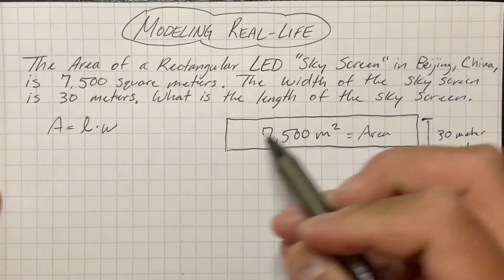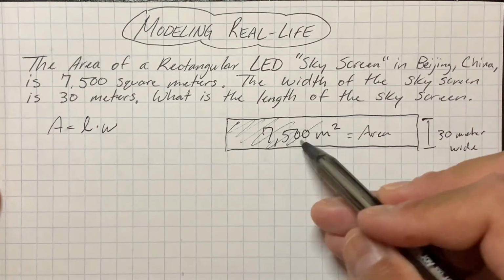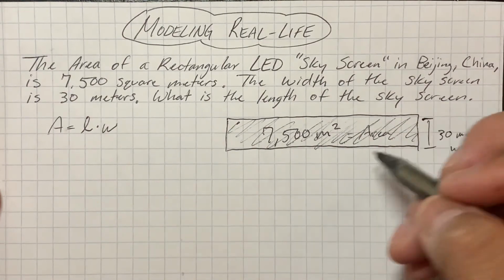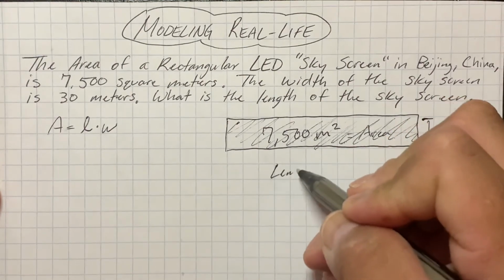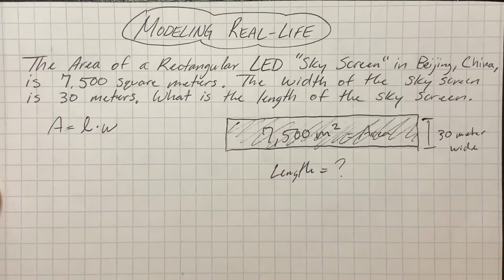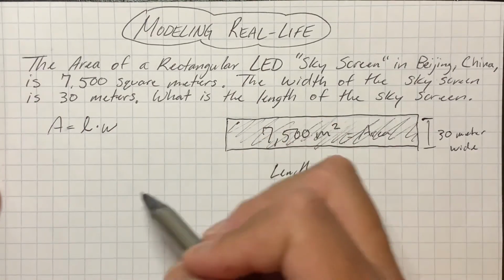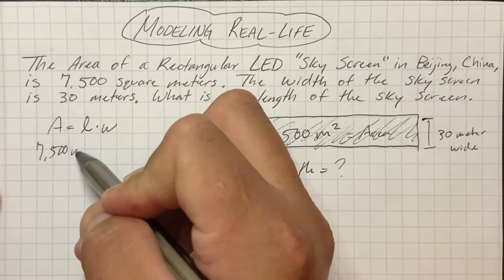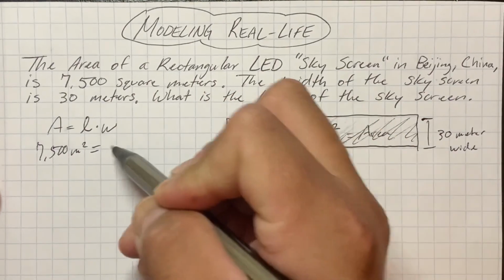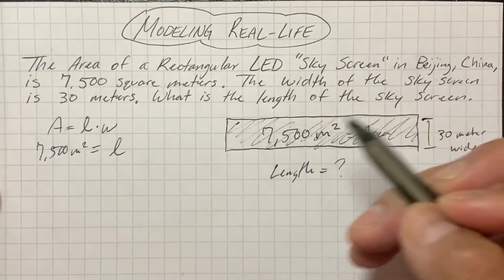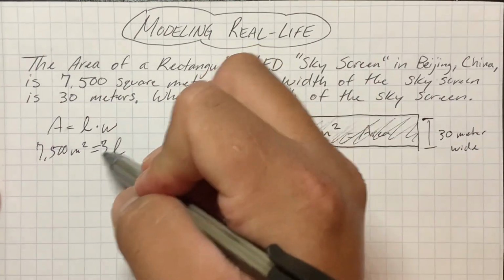And the area is all that space on the inside of the box. But what we don't know is the length. So that will look like this. We know that the area equals 7,500 meters squared. We don't know the length, but we do know that it is 30 meters wide.